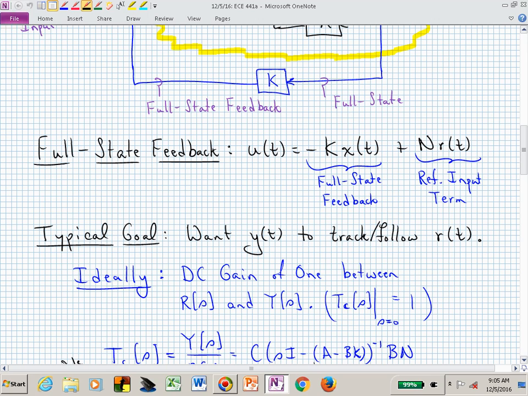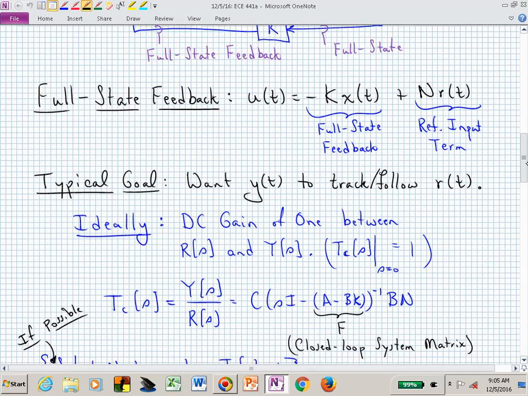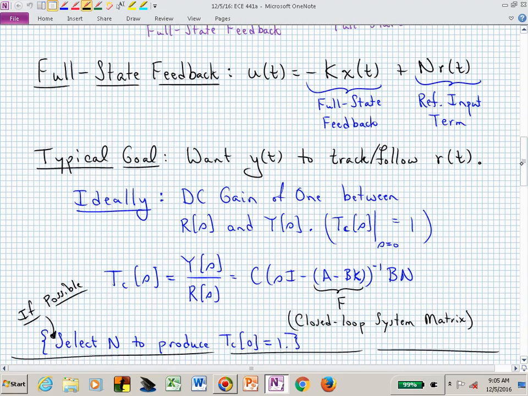Ideally we want a DC gain of 1 between the reference input r and the output y. Which means if we find this closed loop transfer function, T_c(s), then K will adjust the dynamics. That's influencing the F matrix, our closed loop system matrix.